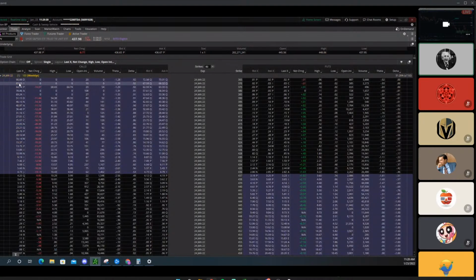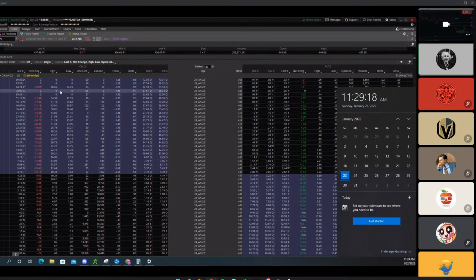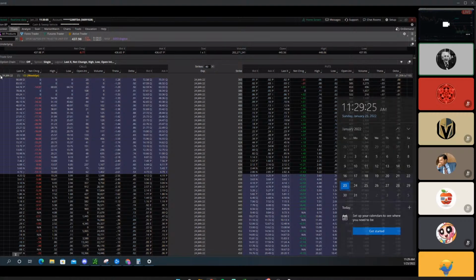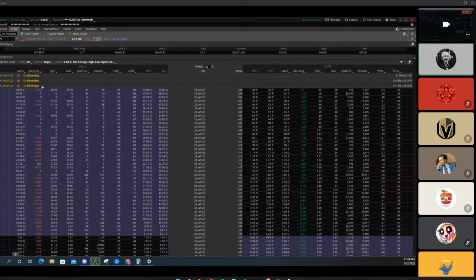If I'm playing the 0 DTE, meaning zero days to expiration contract on these, you really can't swing this, because each contract is 100 shares, up or down. If I'm playing the 24th expiration, this contract is going to expire on Monday. If I'm playing the weeklies, that would be January 28th. So if I go to January 28th, you see here, these are the weekly contracts.